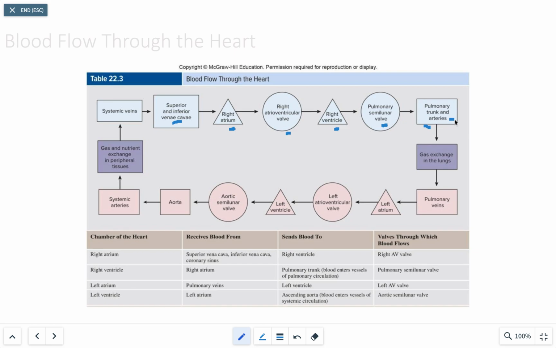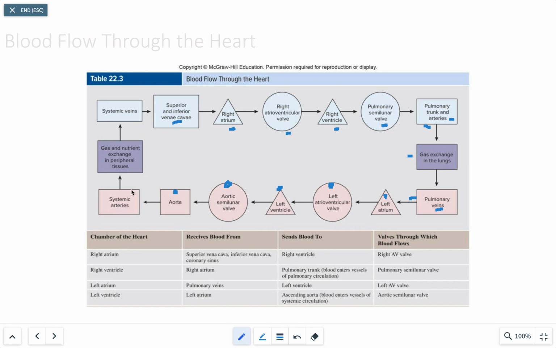Remembering arteries have blood flowing away from the heart. We see oxygen picked up and carbon dioxide released, coming back to the heart. Anything that goes towards the heart is considered a vein. Into the left atrium, through the left atrioventricular valve, which is also called the mitral valve, to the left ventricle, through the aortic semilunar valve, through the aorta.